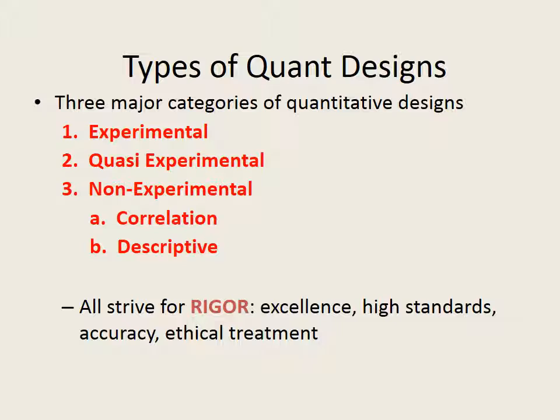So again, with the quantitative design, there's experimental, there's quasi, non-experimental with correlational and descriptive. I'm going to tell you right now, in nursing and in education, the most common one that you're going to see is quasi-experimental design. We are striving for rigor with excellence, high standards. We want accuracy. We want ethical treatment with all types of research.